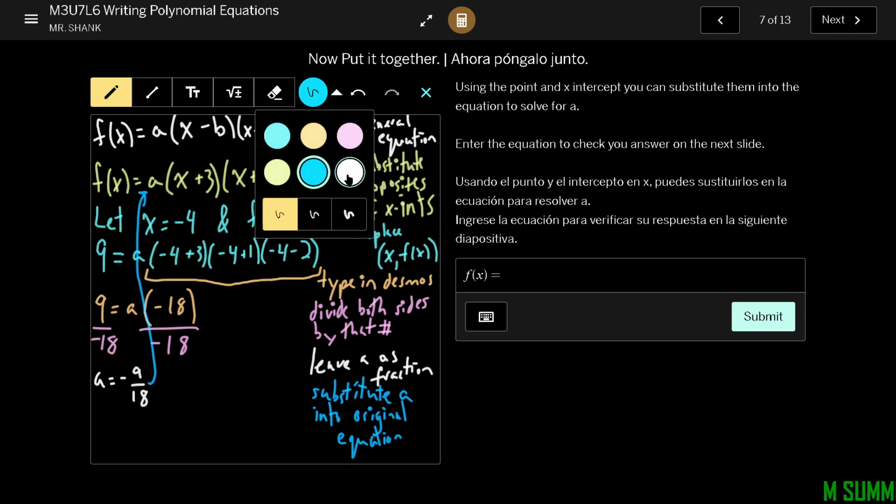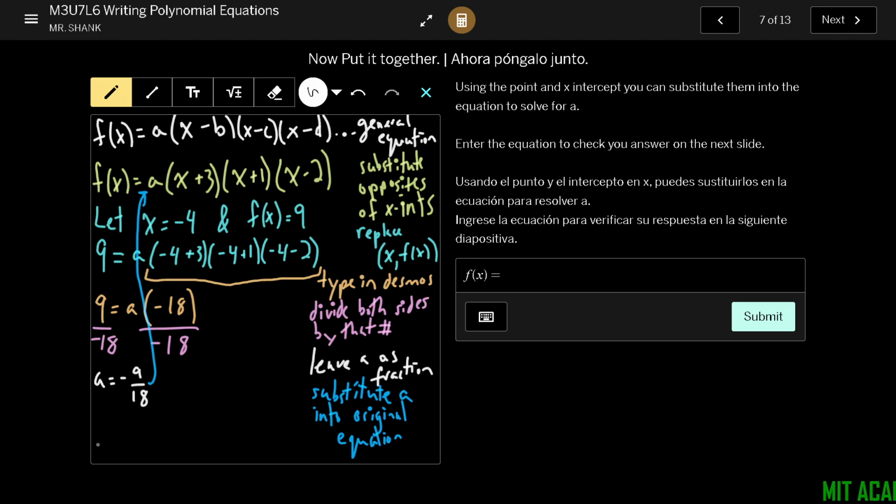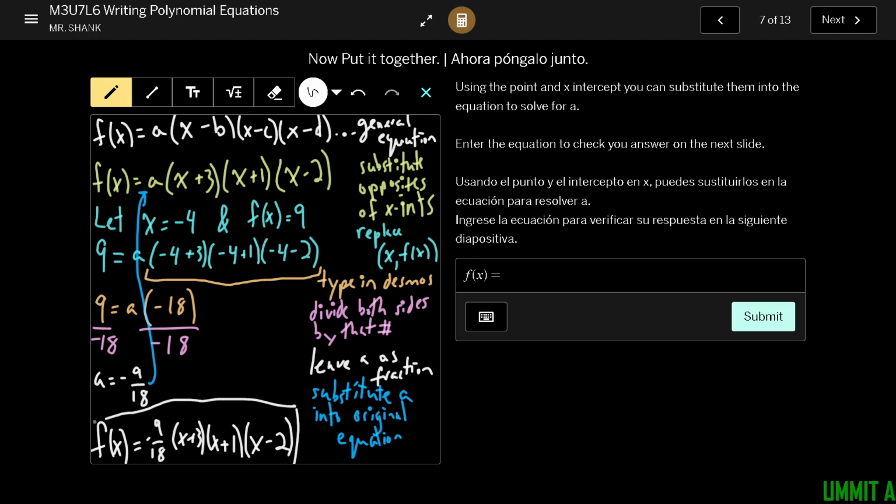So my final answer is going to be this: f of x equals negative 9 over 18 times x plus 3 times x plus 1 times x minus 2. This is going to be the equation that we get for our final answer.